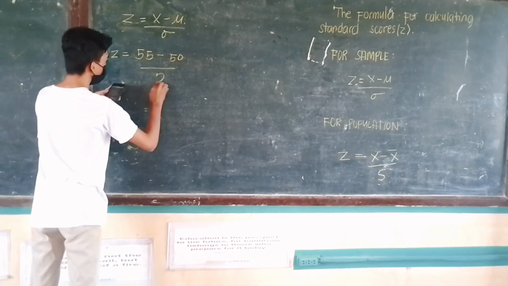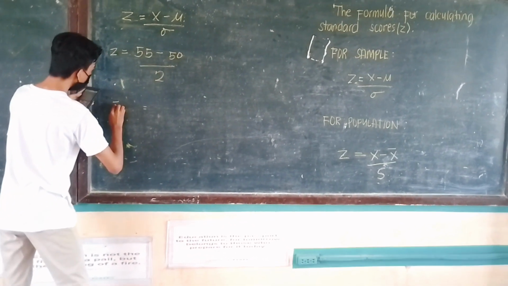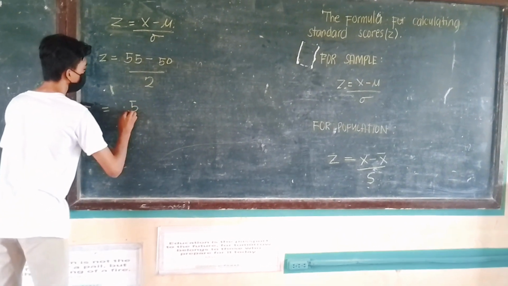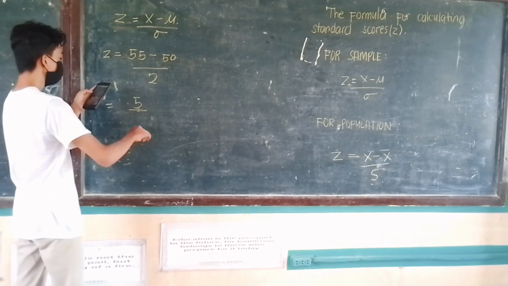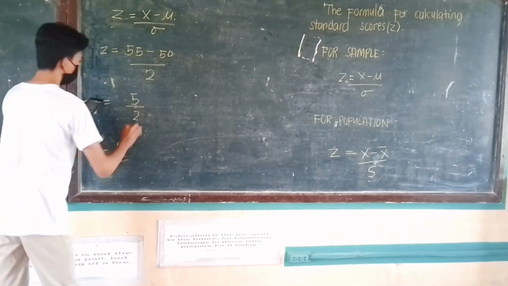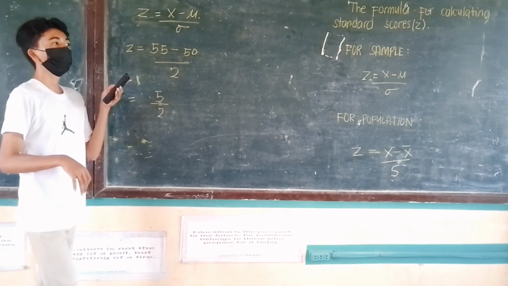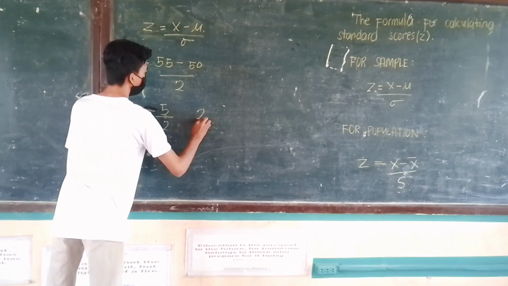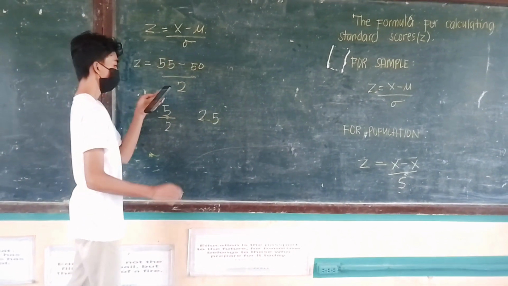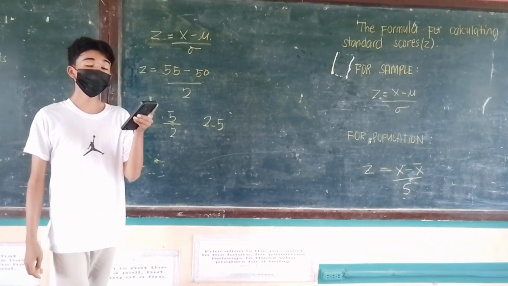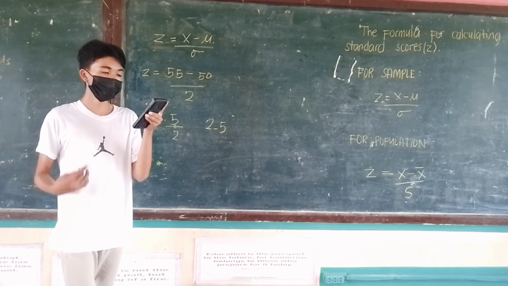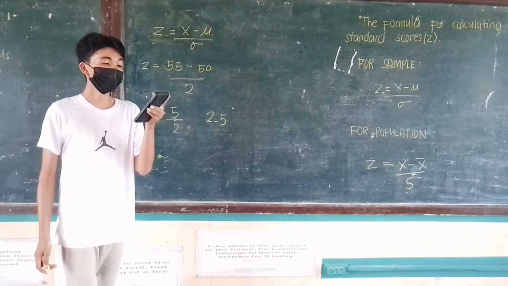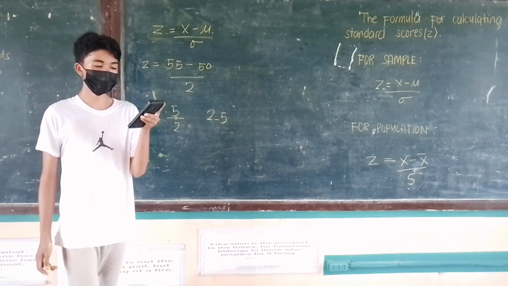Then 55 minus 50 is equal to 5, and dividing it by 2, we get 2.5. So the z value that corresponds to the raw score of 55 is 2.5 in a sample distribution. This means that the score of 55 is 2.5 standard deviations above the mean.